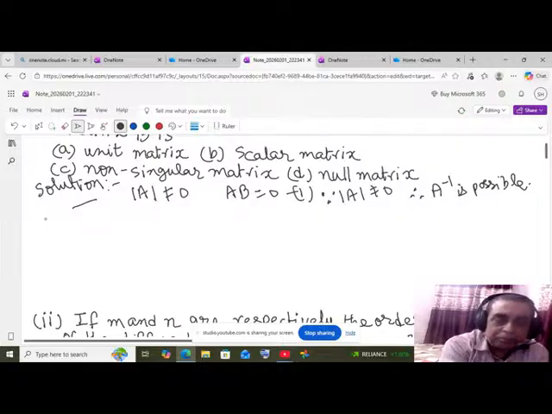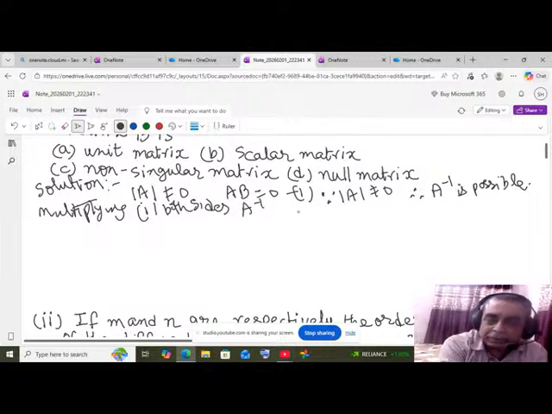Now multiplying both sides by A inverse, we get A inverse times AB is equal to A inverse times the 0 matrix. A inverse times A is the identity matrix of the same order, order 3, times matrix B.